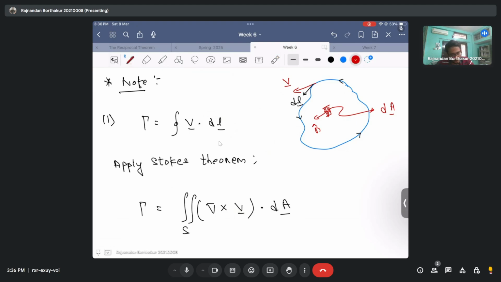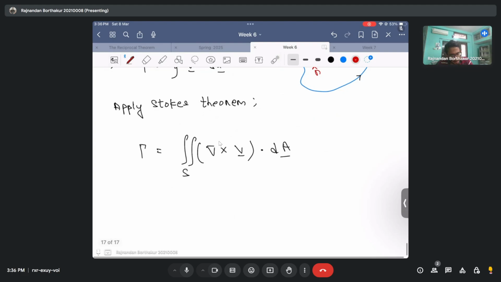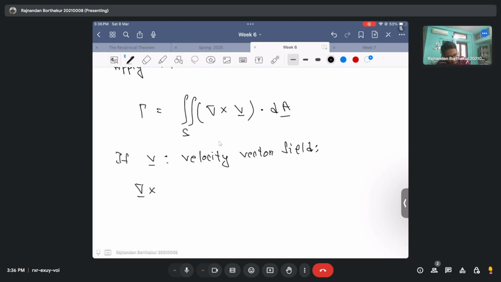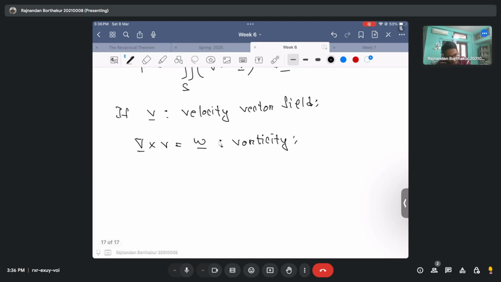Now here is the advantage of using the Stokes theorem. If v is the velocity vector field, then I know that curl of v is my vorticity, which we call omega. So this is omega, which is vorticity, which means I can also represent circulation in terms of vorticity as the surface integral of omega dot dA.